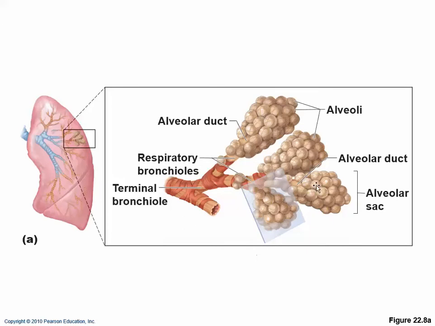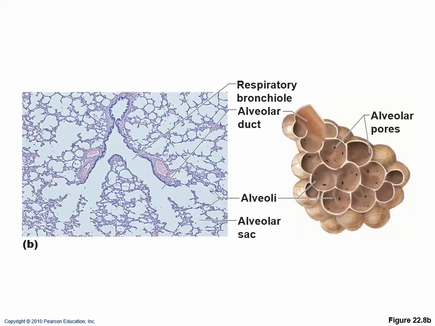This is where the majority of gas exchange actually happens. When we look at it in cross section, the duct leads into the first few alveoli, and then these alveoli all open up through pores into the next alveoli. Again, it's to facilitate surface area, because the surface area enhances diffusion.